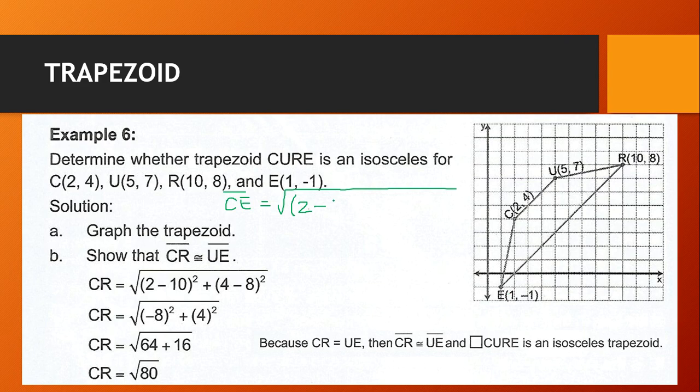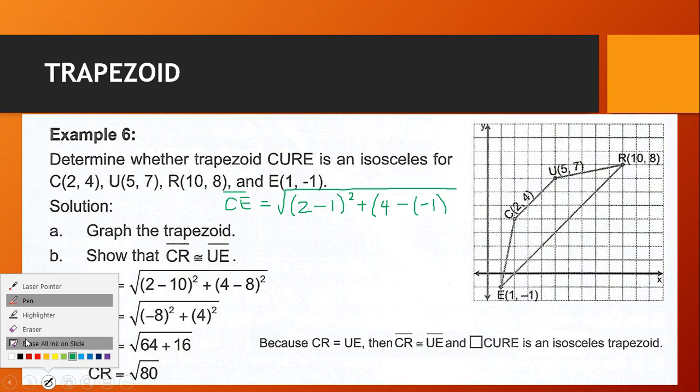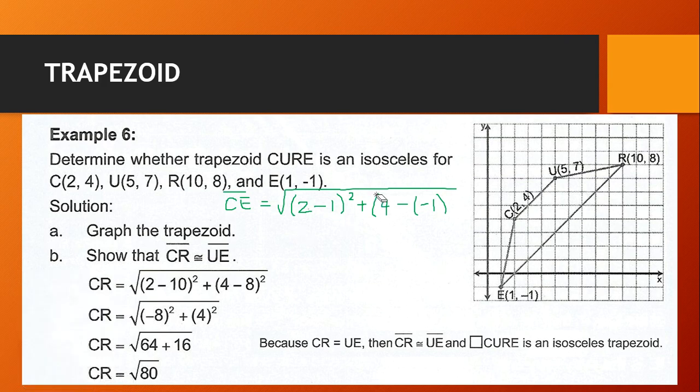So ang 1 is the x sub 1, then squared, plus, then open parenthesis, kaning 4 y sub 2, then minus negative 1. So dapat bracket ni siya, because we already used the parenthesis.